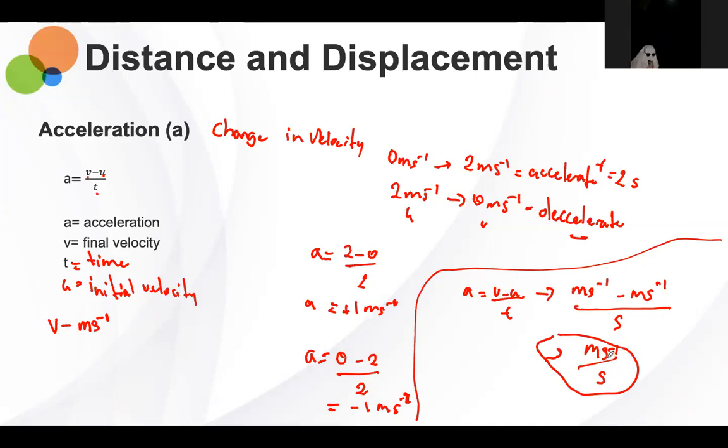If there was no negative one here, it would be cancelled. It's going to be m s minus what? Because we have one more s down here. Yeah, s squared, so ms minus 2. So I just want to show you where we're coming from.